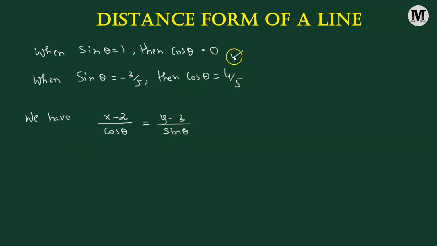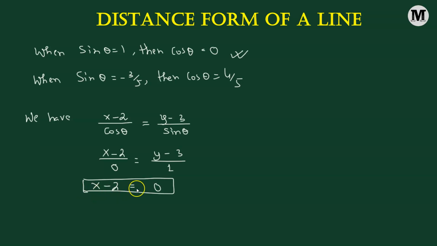We'll use the first set of values, when sine theta equals 1 and cosine theta equals 0. We have x minus 2 divided by 0 equals y minus 3 divided by 1. So let's cross multiply. Cross multiplying gives us x minus 2 equals 0. So this is going to be one equation, x minus 2 equals 0.